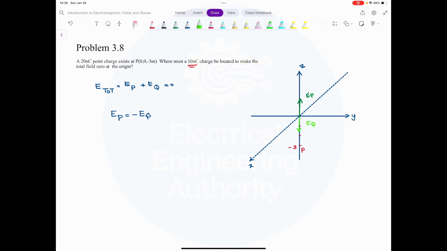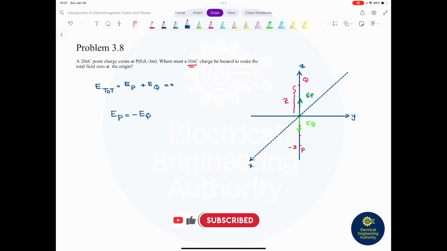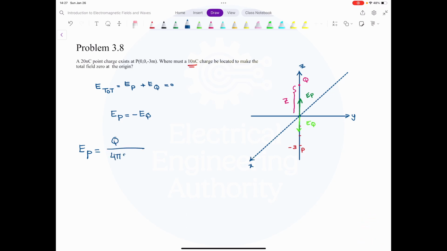So this means that my Q, the point Q, should be somewhere on the z-axis, which I don't know where. We can say that this is point Q, and this value is Z. Okay, now we want to find this value Z. So first, let's find E of P at the origin and see what is the value of E of P. So E of P is equal to Q over 4 pi epsilon naught r square a r.